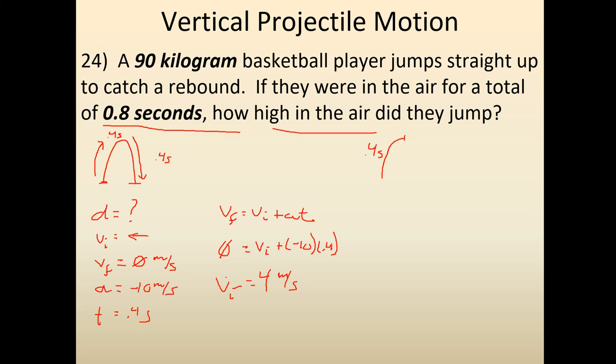And now that we have this number, we can figure out what the distance is by using VF squared equals VI squared plus 2AD. Remember, you are free to take detours, find all the other pieces of information if you don't know how to get there in one shot.